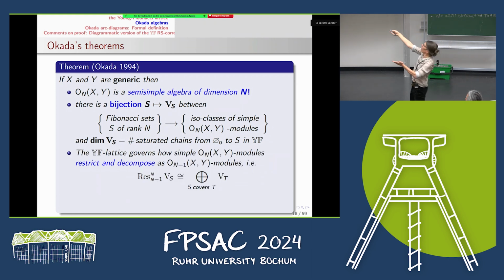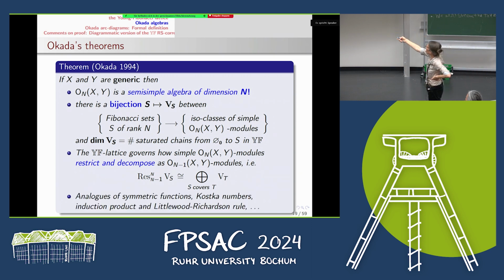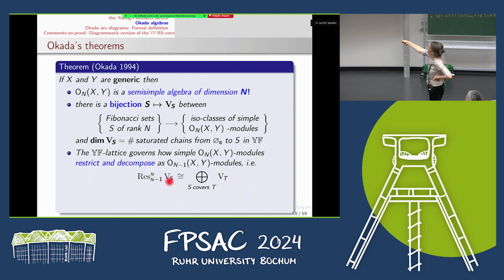Like in the Young lattice, the YF lattice governs how these representations branch. So if I take a representation V_S of the nth Okada algebra and I restrict it to the (n-1)st Okada algebra, of course it will break up. And the irreducible representations which contribute to that restriction are exactly governed by the covering relations.